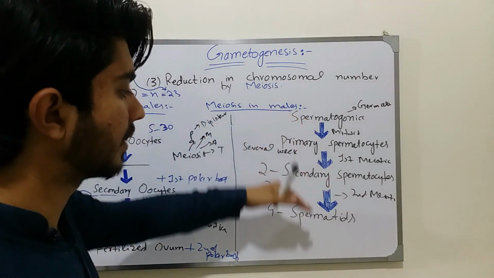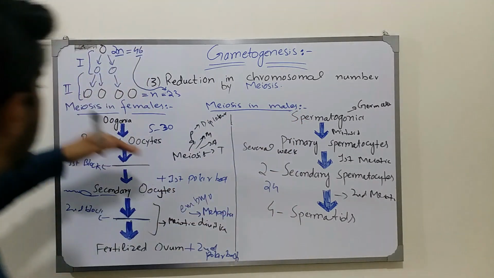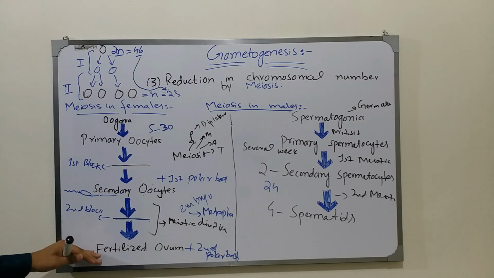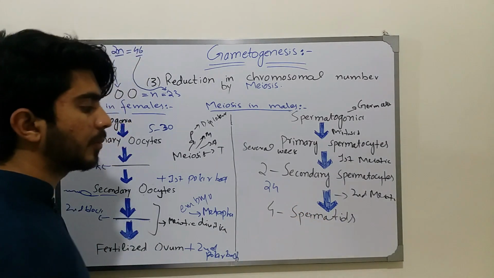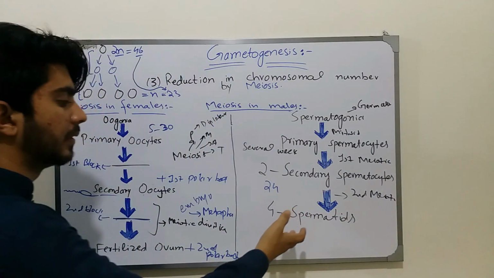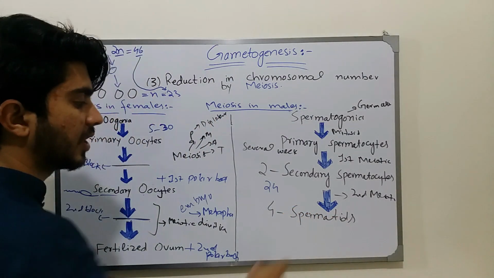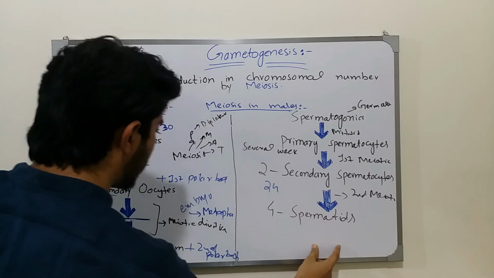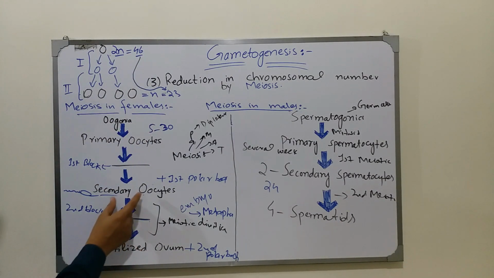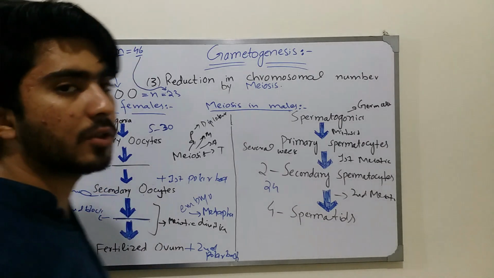The primary spermatocytes form the 4 spermatids, and here the oogonia form the fertilized ovum. These spermatids undergo another process that we are not talking about here, that is the spermatozoa. After the maturation of these spermatids into the spermatozoa, they fertilize the oocytes and form the fertilized ovum.